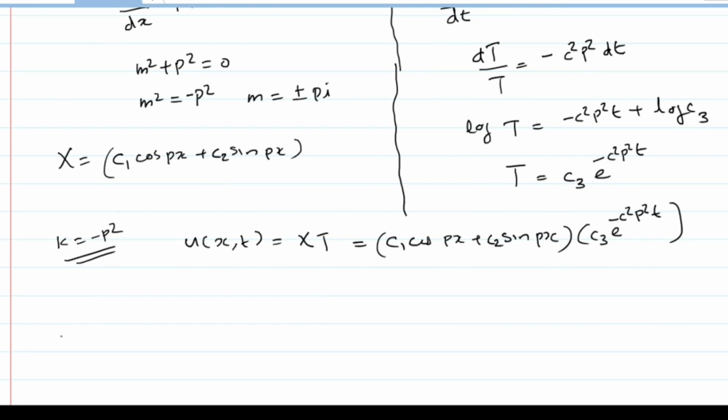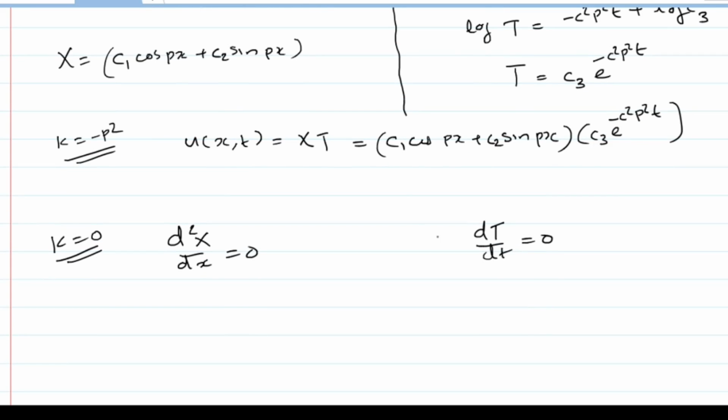Next we take k equal to 0. This is a simple solution, that means d square X by dx square is equal to 0, and in the case of T, dT by dt equal to 0. This can be solved by direct integration.